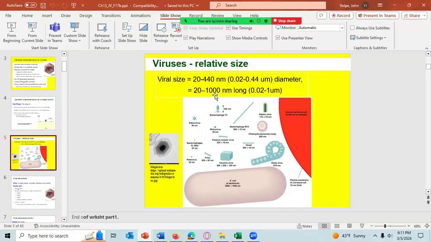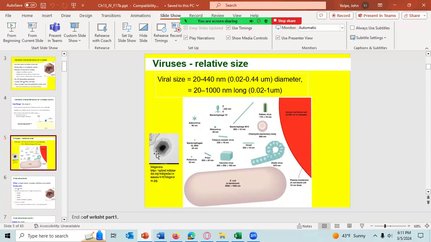What's the point here? The largest virus is about the size of the smallest prokaryote cell.